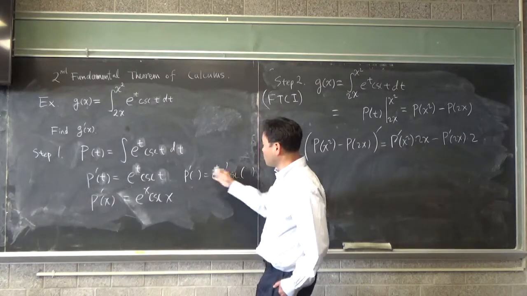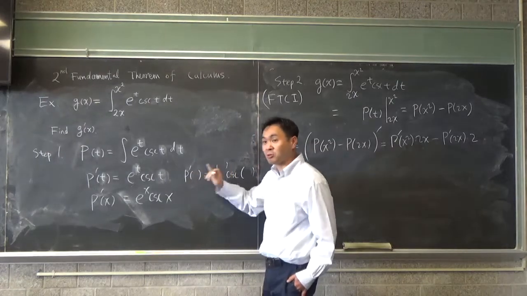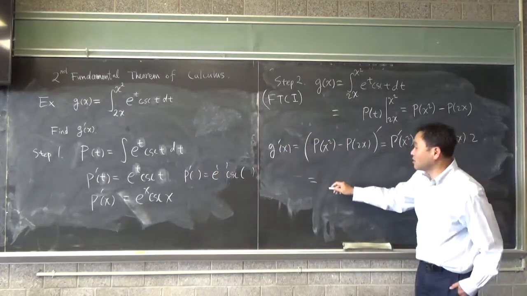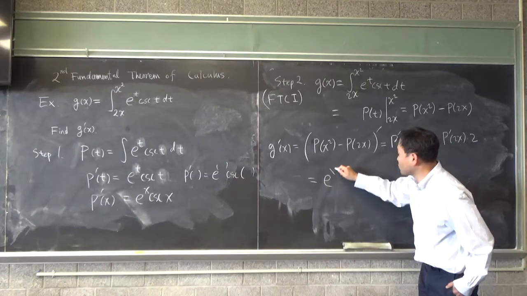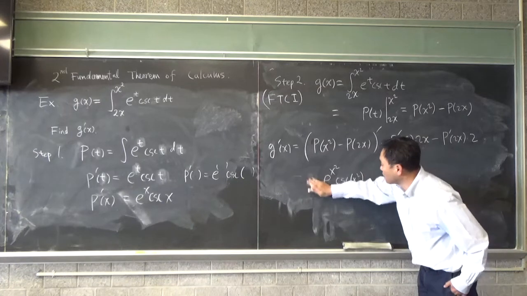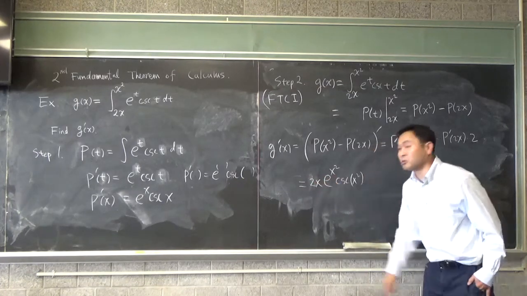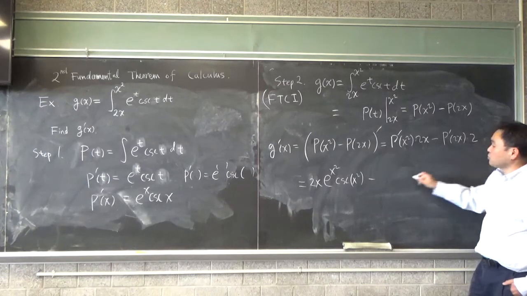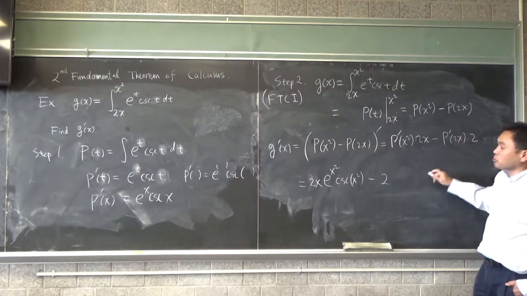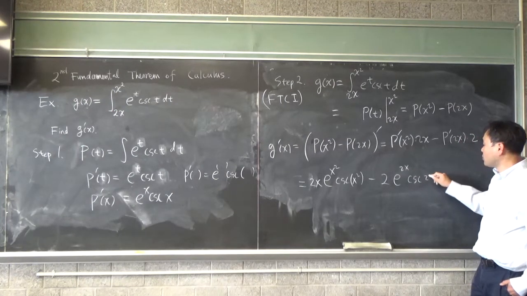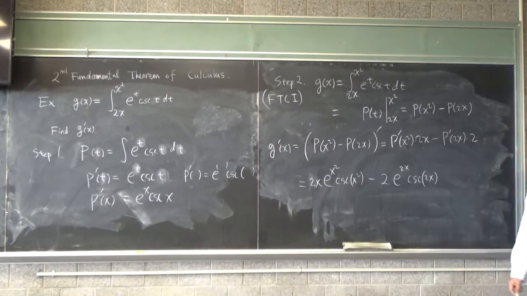So into this, you just have to plug in x squared and also 2x. So you want to put e to the x squared cosecant of x squared times 2x. Usually you want to write down polynomials in front. Same thing here. You want to put 2 in front, and p prime of 2x would be e to the 2x cosecant of 2x. So that's the answer.